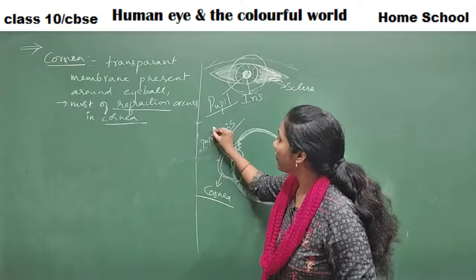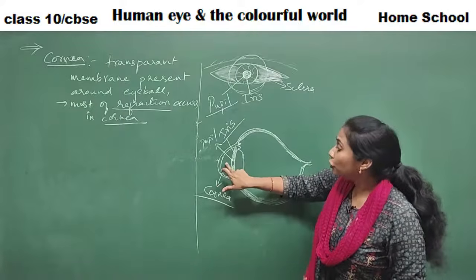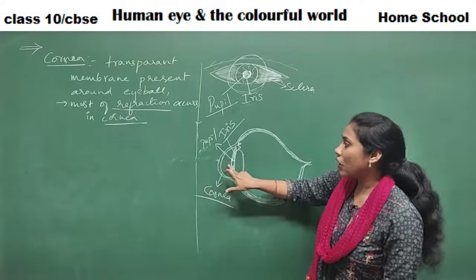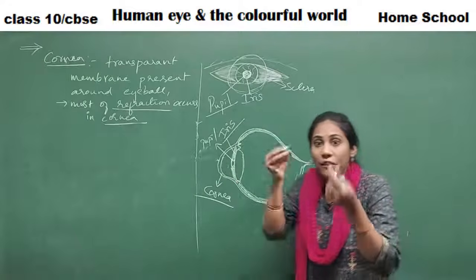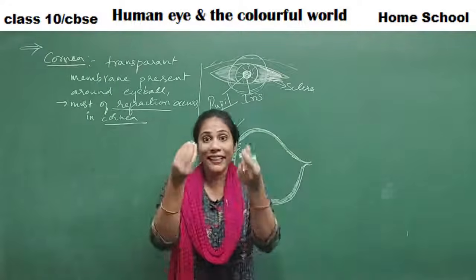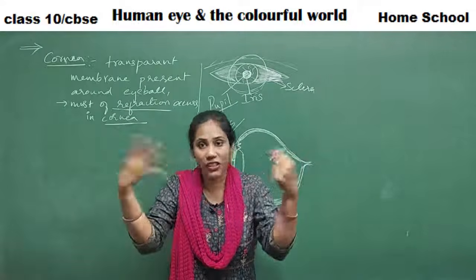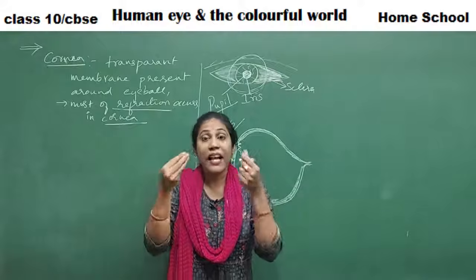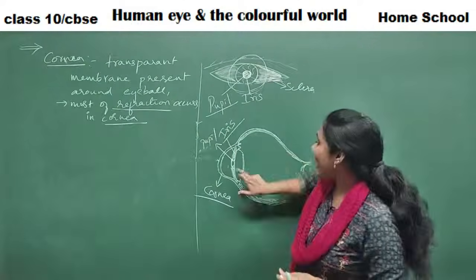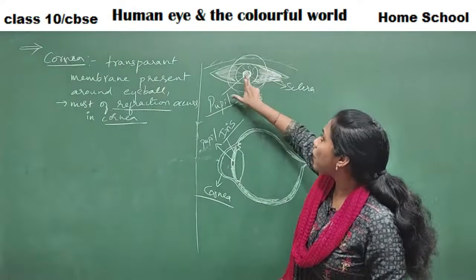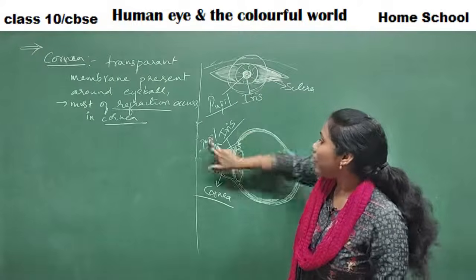The light rays will pass through the cornea, and after the cornea, the light rays pass through the pupil. First the light rays hit the membrane, which is transparent, so the light rays go inside. That is refraction happening, the first step of refraction. Later the light rays go deep inside the eye and pass through a small black colored opening that you can see in an eye. That is what we call pupil.